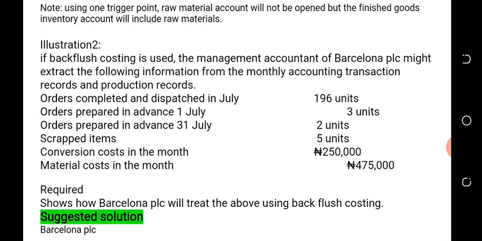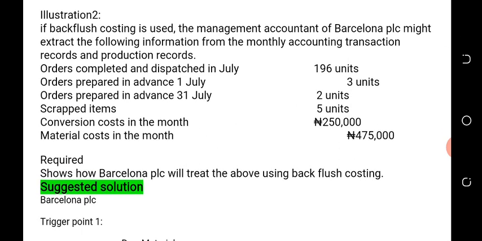Orders prepared in advance on the 1st of July. So in advance means our opening cost for July. Then the closing cost of July was 2 units. And we have a scrap item. Scrap was part of what was produced, 5 units.